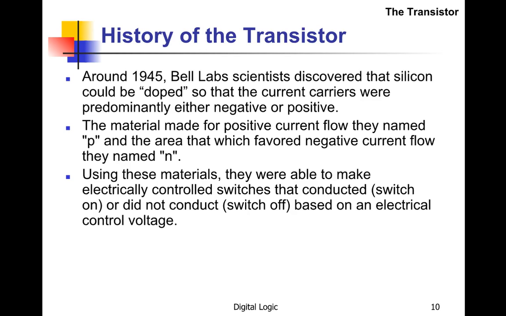They found that you could take a semiconductor, which inherently, if it's pure, doesn't conduct, and if you put some p-type dopant, basically an element very similar to the semiconductor but having one less electron, that would make it so that it appeared to have current conduction with positive charges.